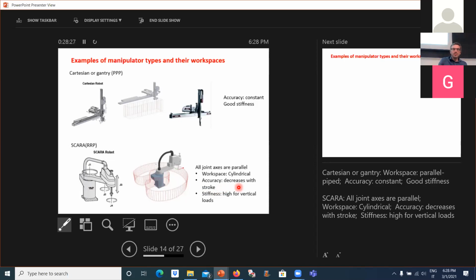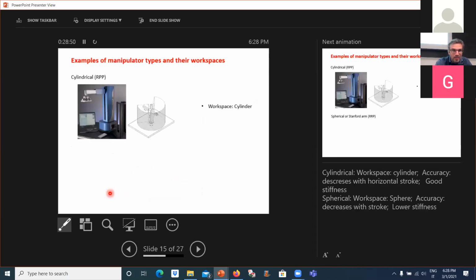Closer to the vertical axis, the stiffness is high for vertical loads. So along this direction, the robot is very stiff. But if you think about pushing in this direction, the structure is not so stiff. Then this is a cylindrical manipulator, and the workspace is cylindrical.